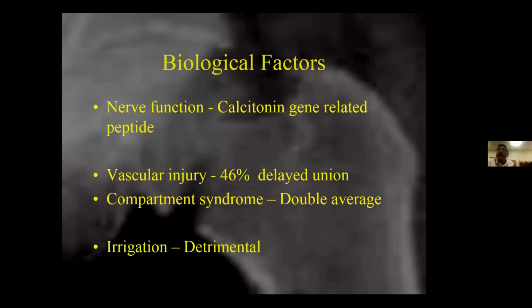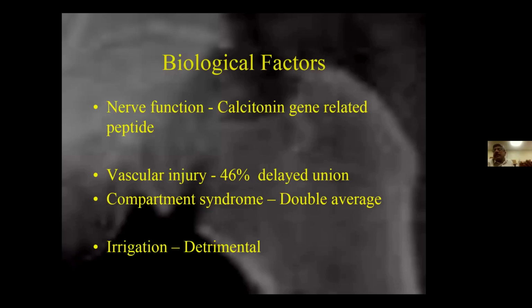Now we know vasodilation is good, it's getting blood in. But when you have a nerve injury, that may be affected. And therefore a nerve injury indirectly affects vascularity because of this peptide, and therefore it contributes to a bad result.